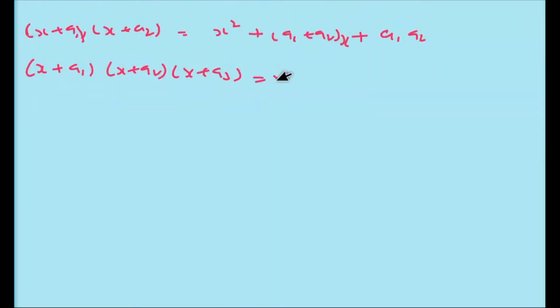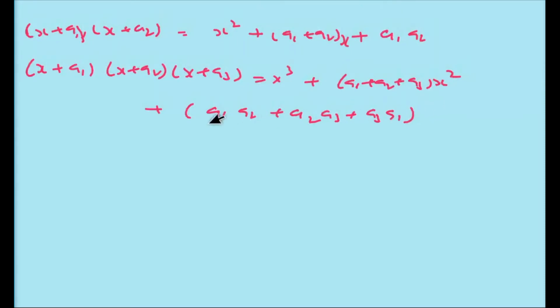We get x cube plus (a1 plus a2 plus a3) x square, and plus (a1 a2 plus a2 a3 plus a3 a1) x plus a1 a2 a3.